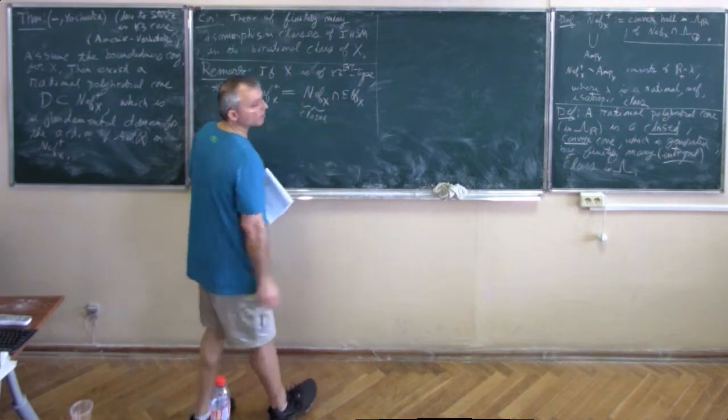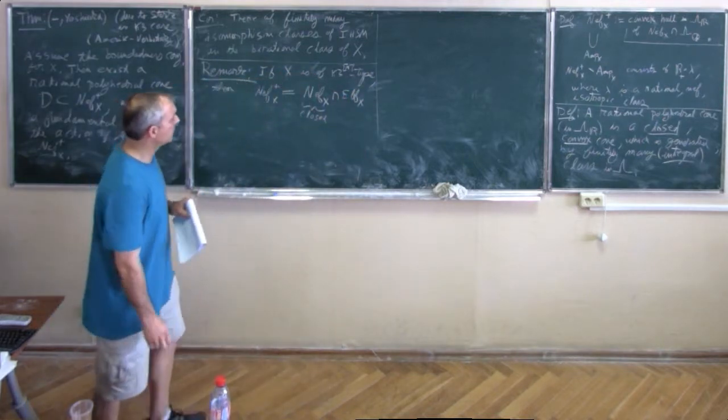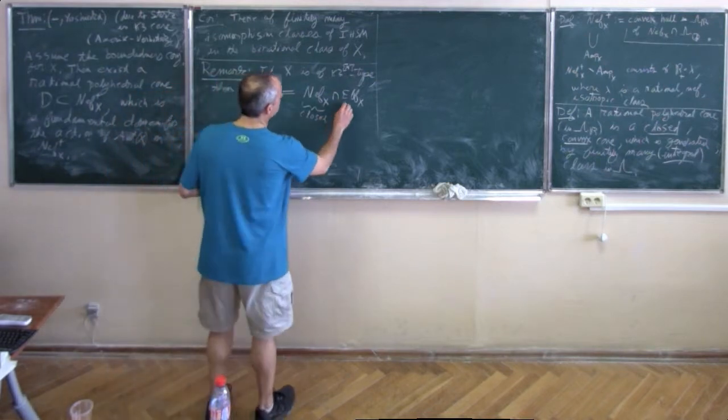This is the cone generated by effective divisors, so not closed.